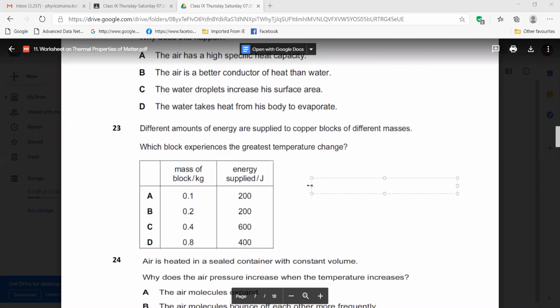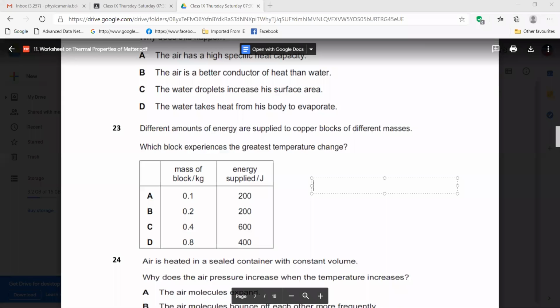The thermal energy by mass into change in temperature equals Q = m c Δθ. They are asking about the greatest temperature change, so you have to make Δθ the subject. If you make Δθ the subject, how can you write the formula?